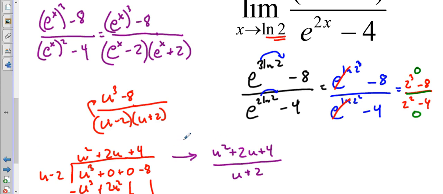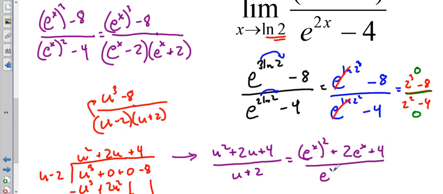And so now I'm going to re-plug in e to the x. I have e to the x squared plus 2 e to the x plus 4 all over e to the x plus 2. Let's now take the limit as x approaches natural log of 2.